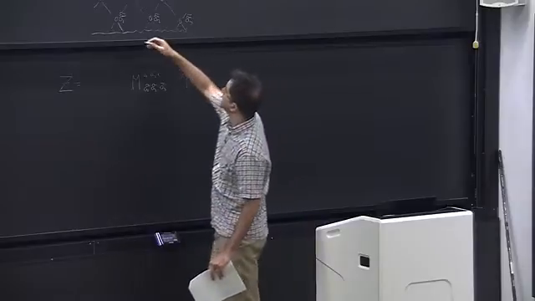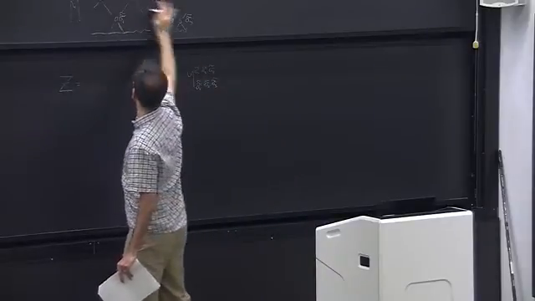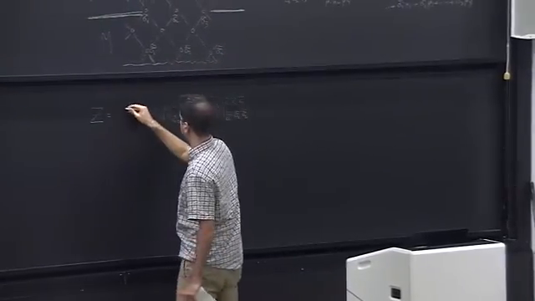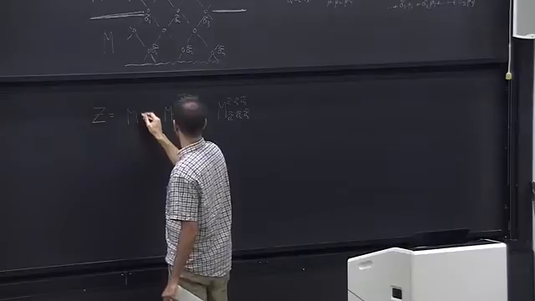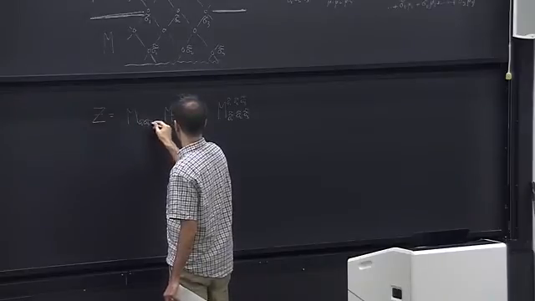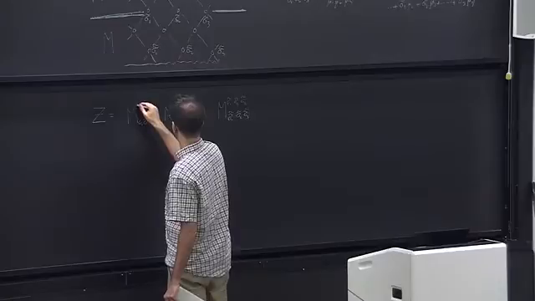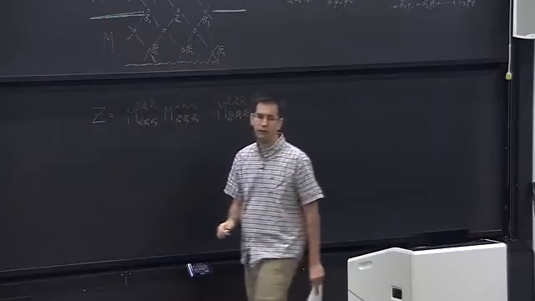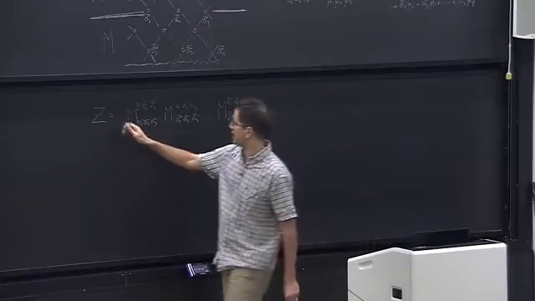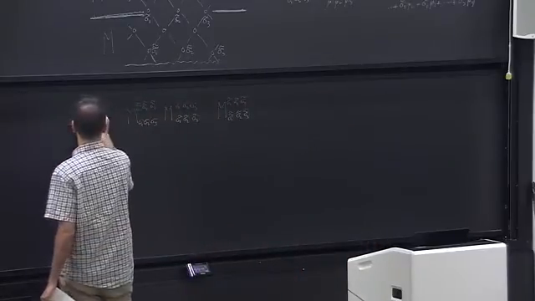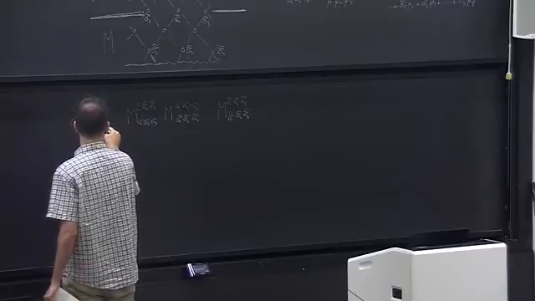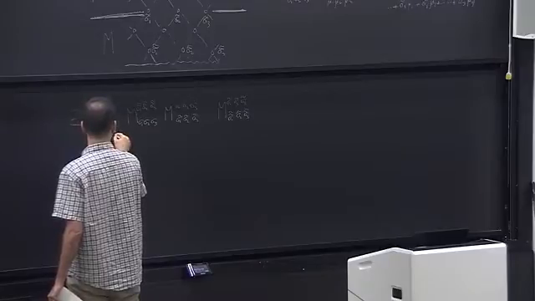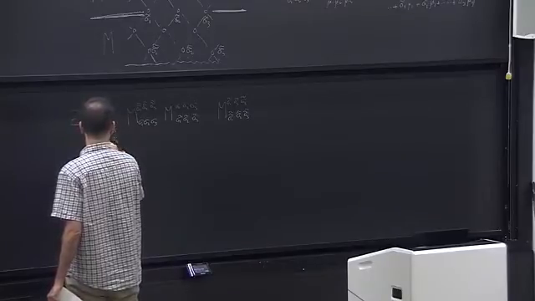And then, I'm saying there is another copy of M here, but it has these other indices. And finally, there's another one on top, which has indices sigma 1, sigma 2, sigma 3, and sigma 1 double tilde, sigma 2 double tilde, sigma 3 double tilde. Okay? And now we have a sum over sigma 1, sigma 2, sigma 3, sigma 1 tilde, sigma 2 tilde, sigma 3 tilde, and also the double tildes.